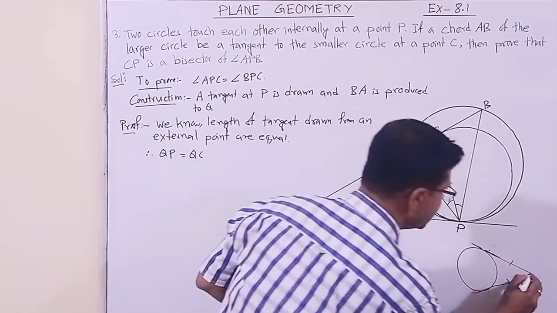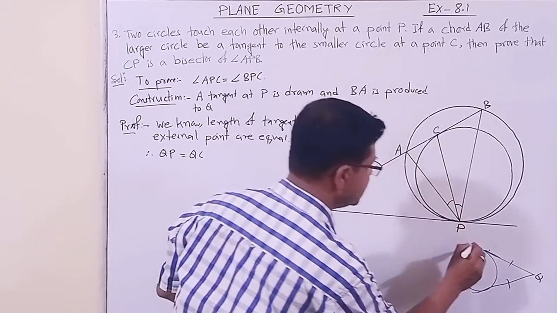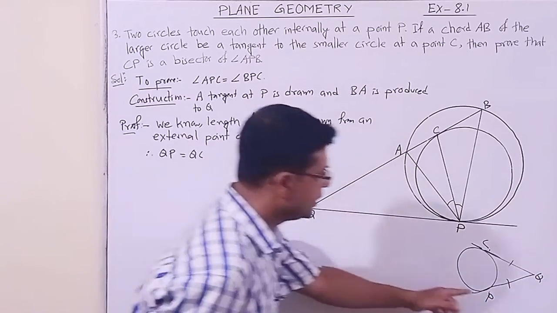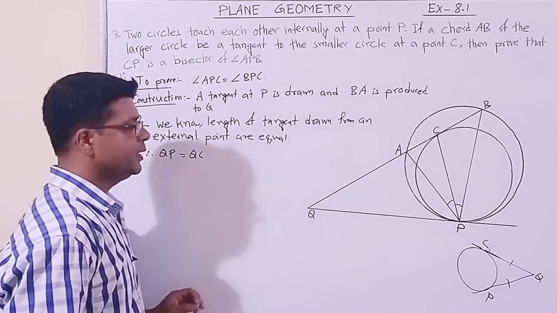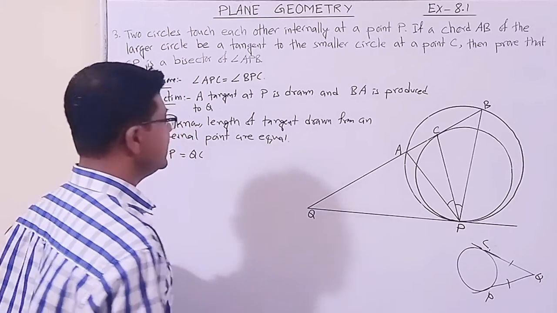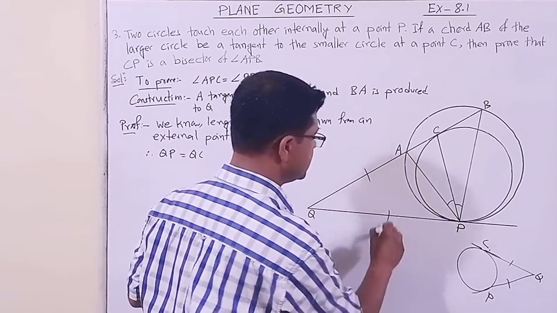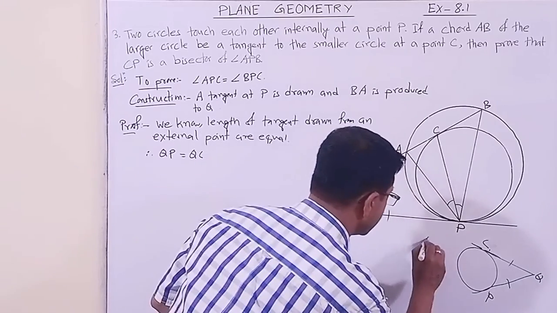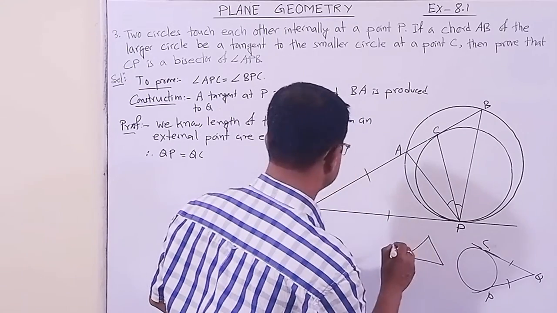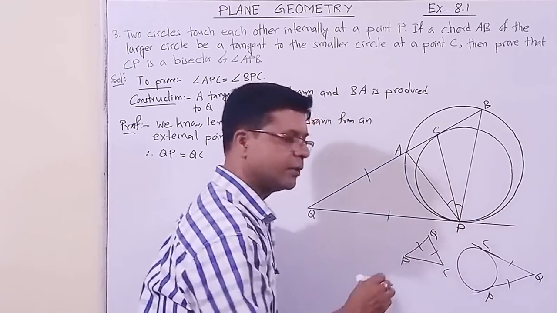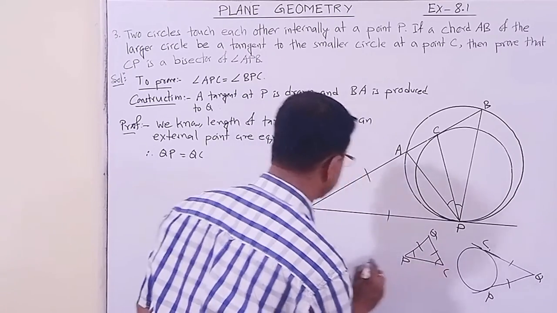External point is Q here, one point is C, another point is P, so they are equal. We have written QP equal to QC. I think you have understood this part. In this triangle QPC we have shown that these two sides are equal. So in triangle QPC, these two sides are equal, so obviously these two angles are going to be equal.